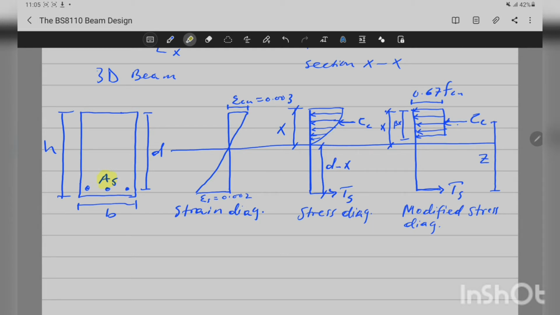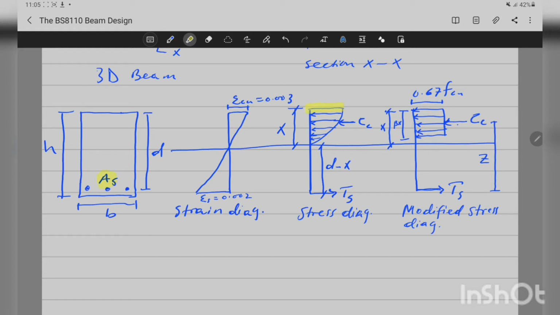When you look at the strain diagram, the maximum strain the code specifies is 0.003, that is BS8110, and the maximum strain at the bottom is 0.002. That is in tension. So the stress diagram now looks like this.